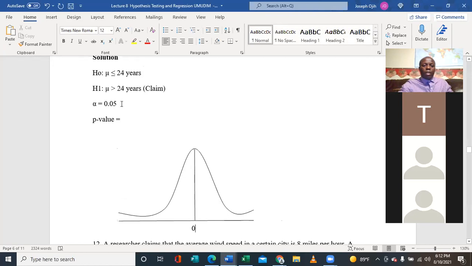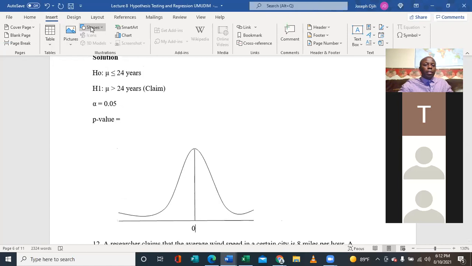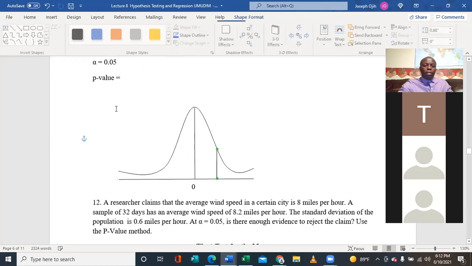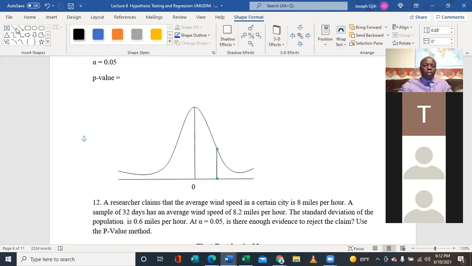So I'm going to put 24 years here, and I'm going to put the critical region right here, the area where it falls. Now this is where we have our test value, from which we get our p-value.